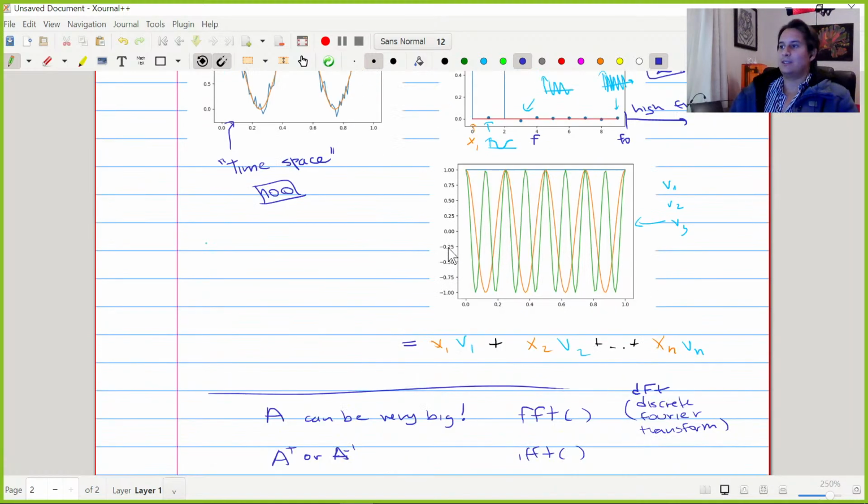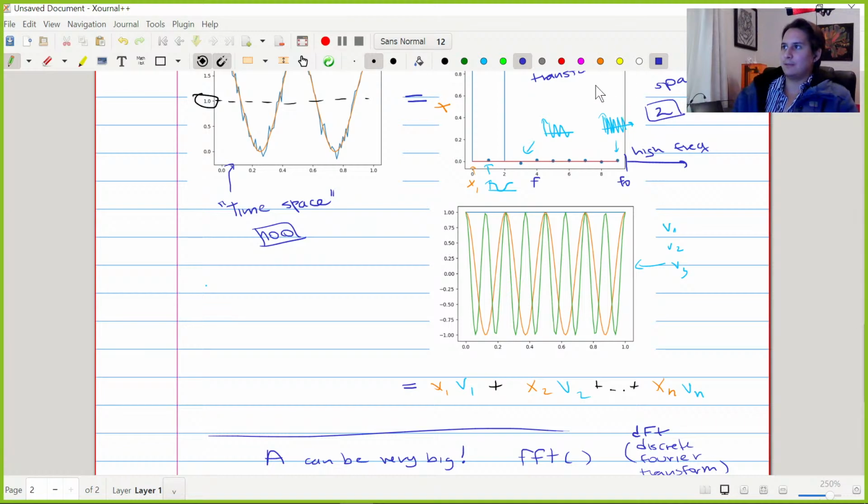And just to incentivize your curiosity, there is actually a connection between the convolution, that was an operation that we did to do the low-pass filtering, and an operation in this frequency space. This is the time space, and this is the frequency space.